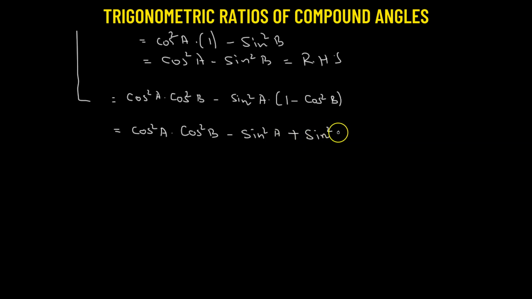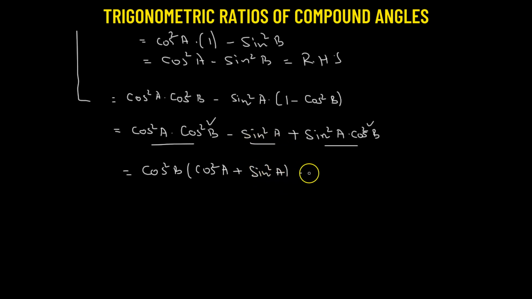So we get positive sine squared a times cosine squared b. Now we'll combine the first and the third term by taking cosine squared b as the common factor. So cosine squared b gets multiplied by cosine squared a from the first term and sine squared a from the third term. And we're left with the second term, which is negative sine squared a.